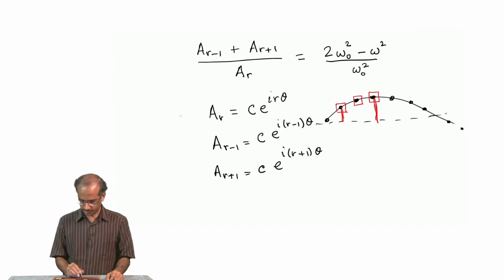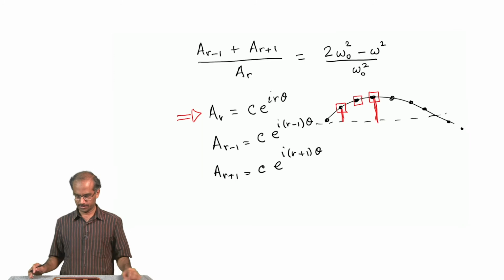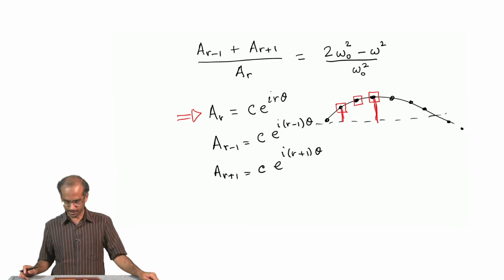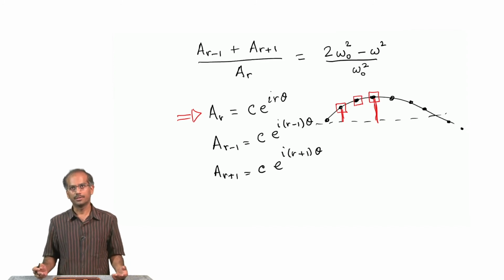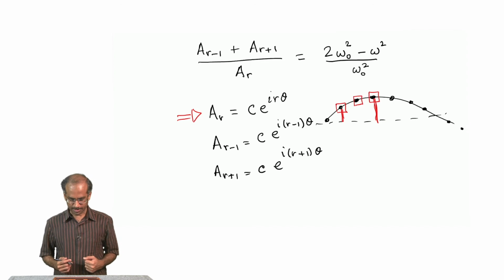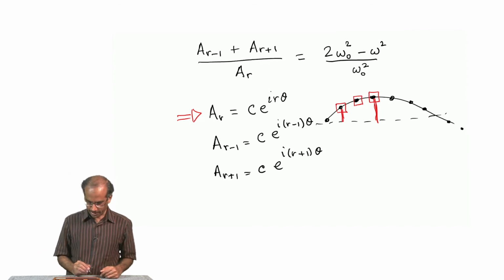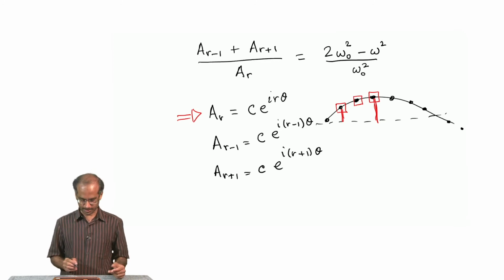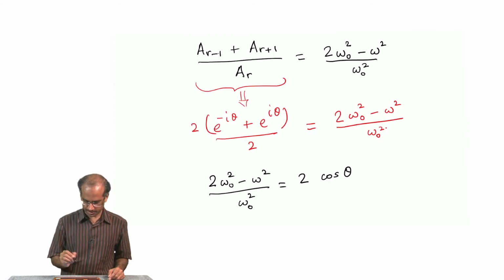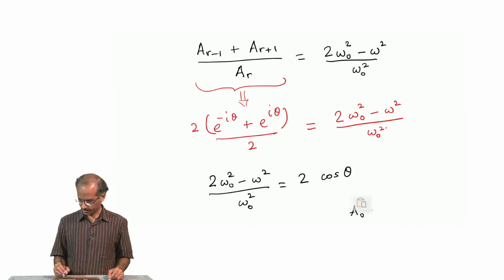if you notice this quantity A r, which is c into e power i r theta that we introduced, theta is unknown, it is a phase, and we need to determine that phase, and we will do that using the boundary conditions. Notice that till now we did not make use of the boundary condition. So, this is the point when we will use the boundary conditions, which is that A 0 is equal to A n plus 1, both are equal to 0.